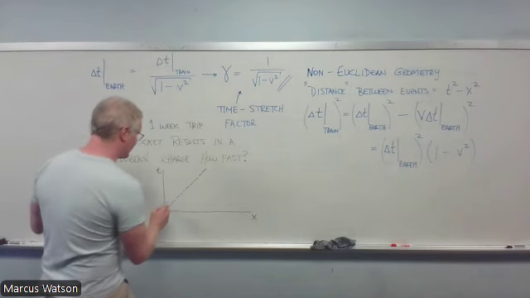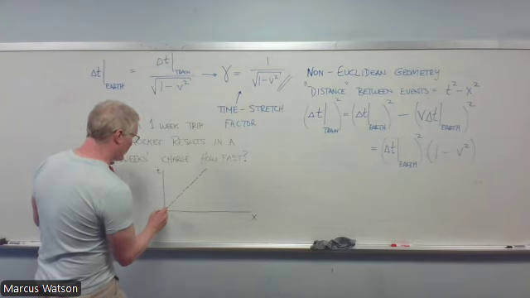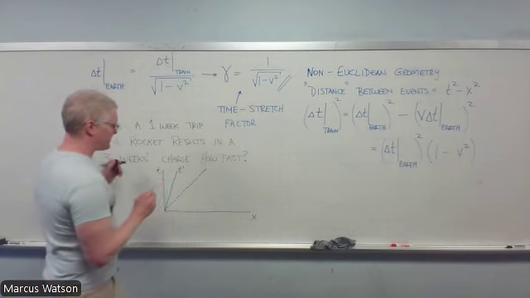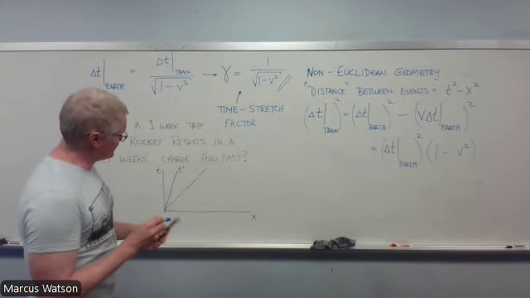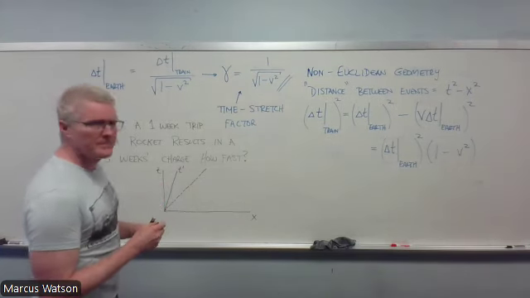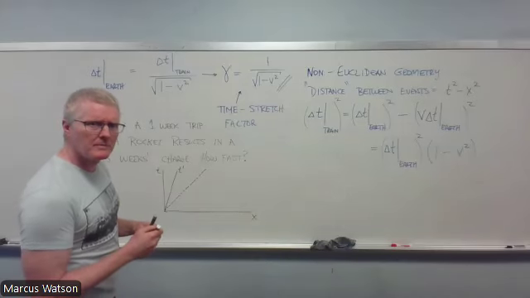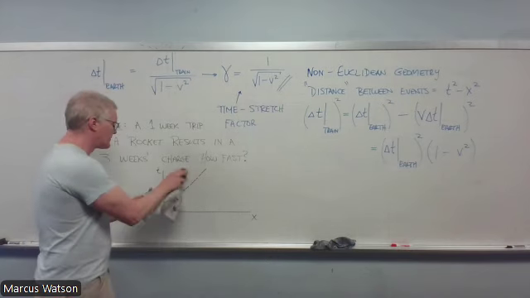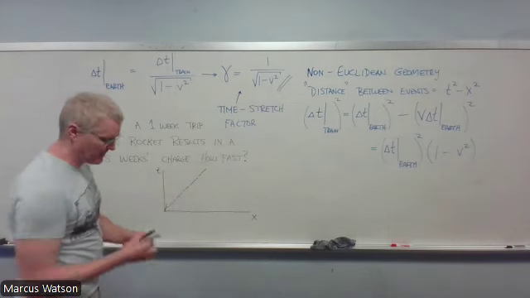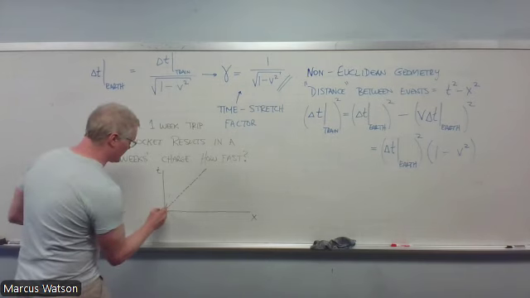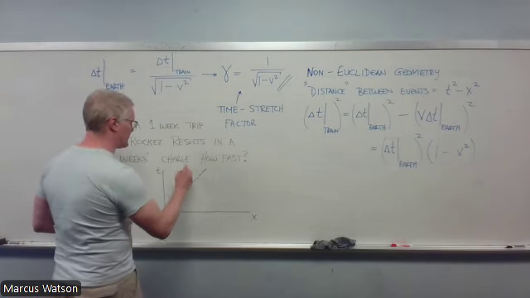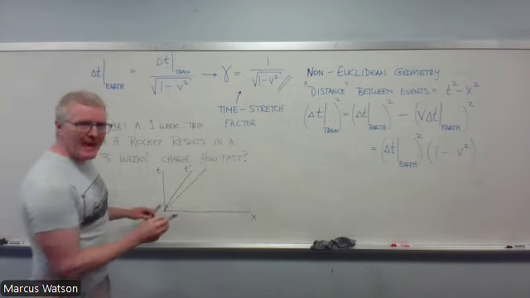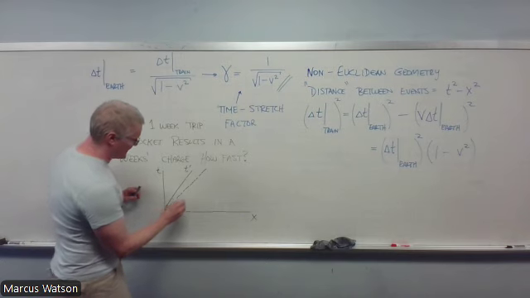So my time axis of my rocket ship is going to look something like this. I'll call that T prime. Actually, I'm going to incline that a little bit more, just so you can see it a little better. My time axis is going to go like this, T prime. Therefore, my X prime axis is going to be likewise like this.